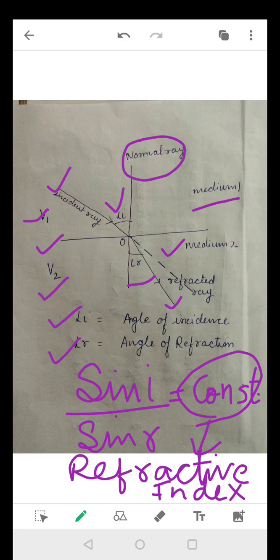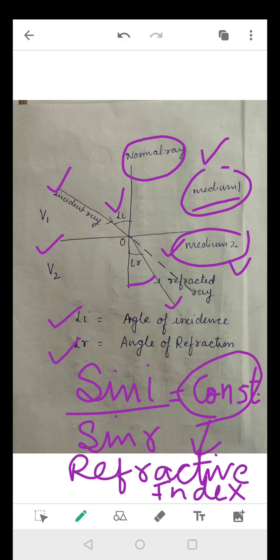Now remember, in medium 1 the speed is v1, in medium 2 the speed is v2. We will use this v1 and v2, and we can easily calculate the refractive index of medium 1 or medium 2, whichever we want, right?